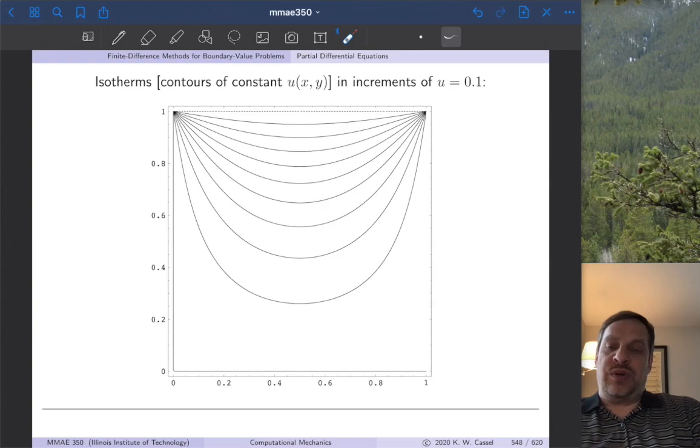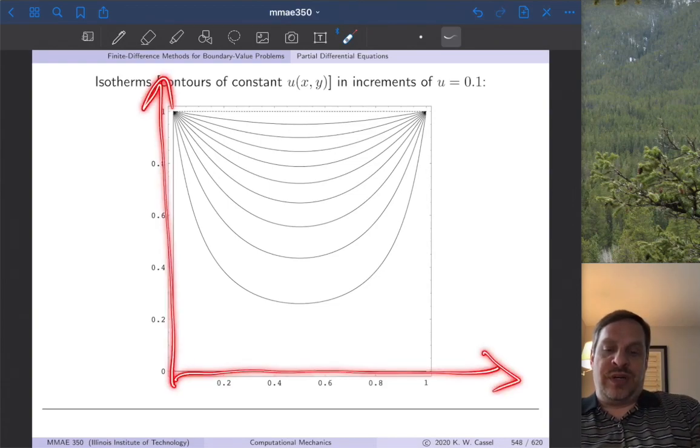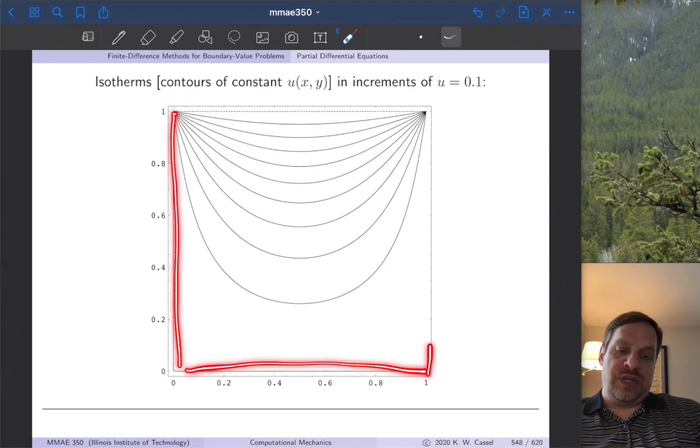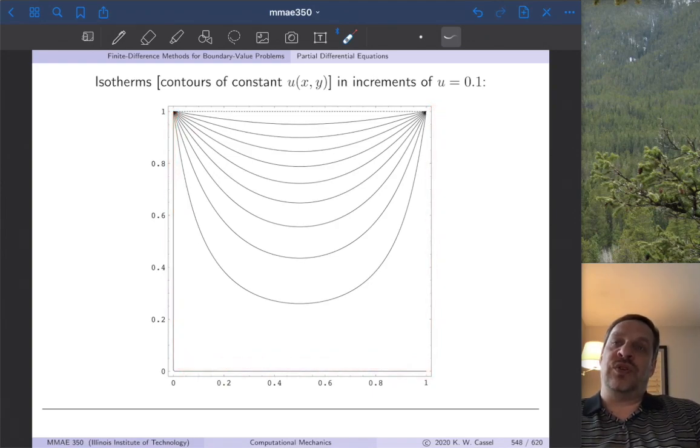This is a contour plot of the numerical solution. Here's the x direction, y direction, and we have a 1 by 1 domain. We have u equal to 0 along the 2 vertical sides and the bottom, and then 1 along the top.